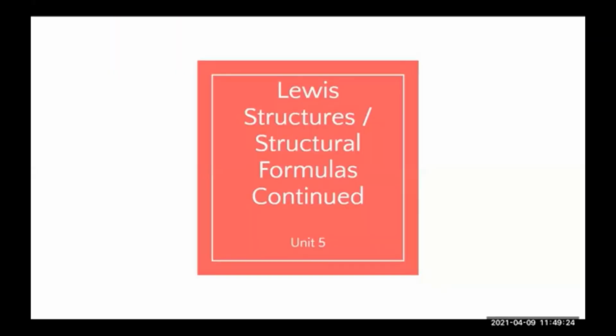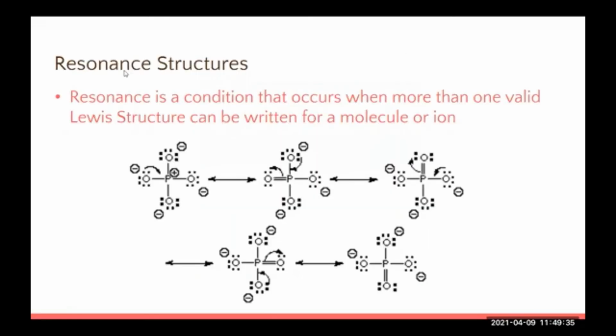Okay, so let's talk more about Lewis structures today. We've talked about how to draw the Lewis structures, but let's take that next deeper look. When drawing Lewis structures, sometimes you can make more than one arrangement of your bonds or where your electrons are going to go. And when there's more than one valid structure for a molecule or ion, that's called a resonance structure or resonance.